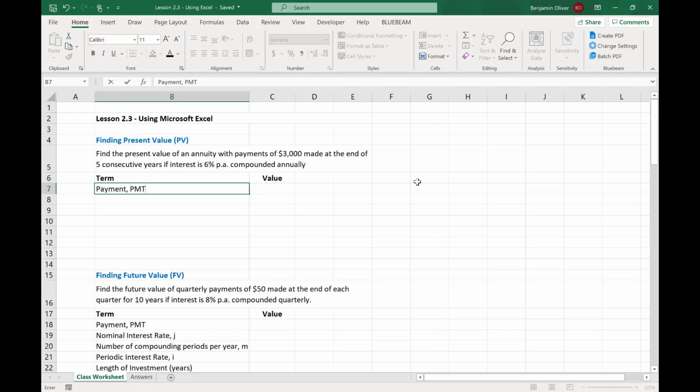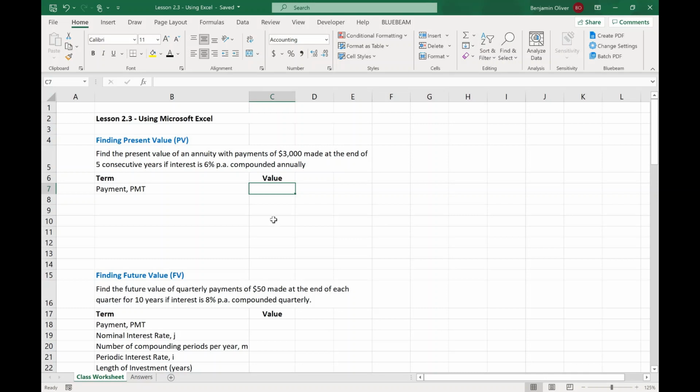Now you have two options here. You can either press enter to go down in the same column and keep inputting your variables, or you could be in this formula and you can press tab. That would bring you to the column beside it, in other words, column C, where you can input a value.